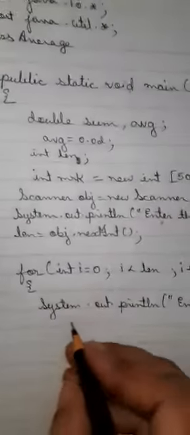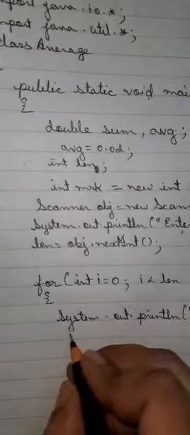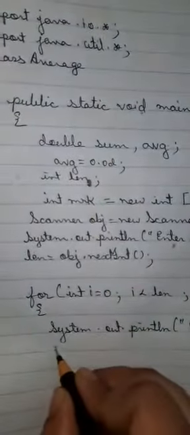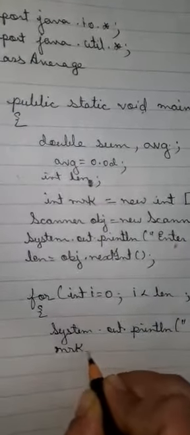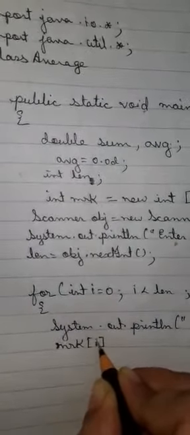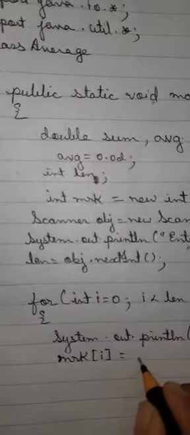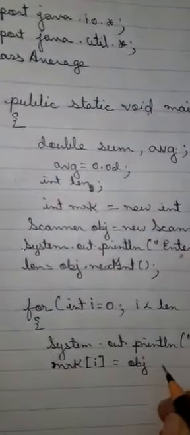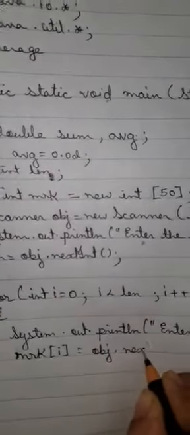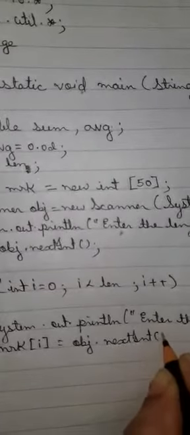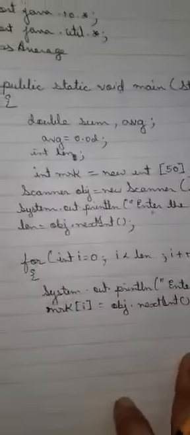So first mark, second mark, it will come. Then we are going to enter the mark. mrk[i] is equal to obj.nextInt(), since mark is my integer type. So the mark is entered.